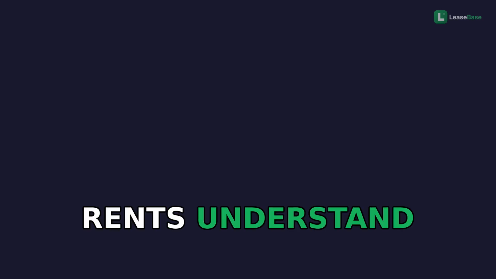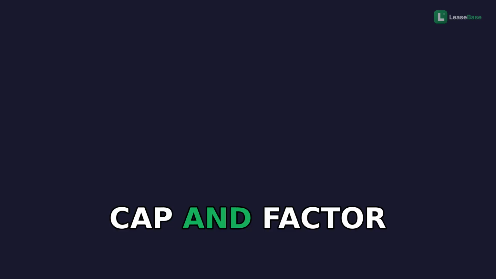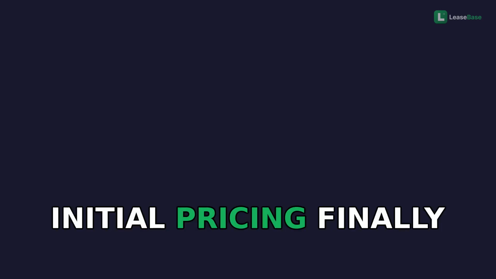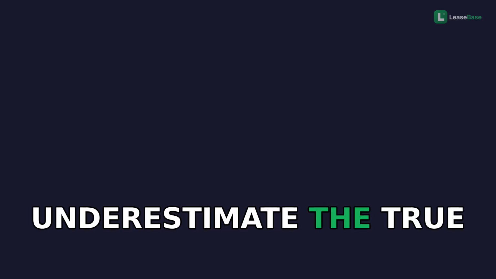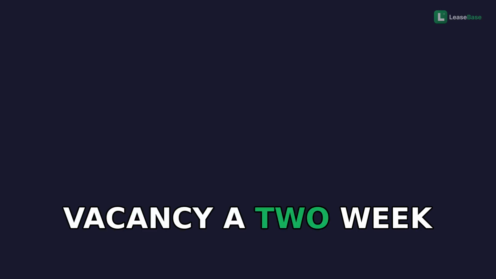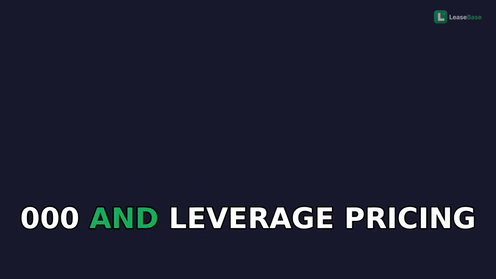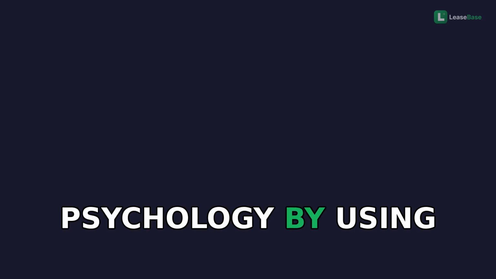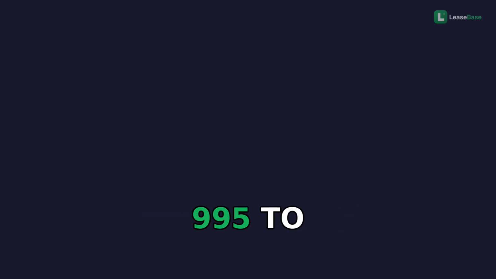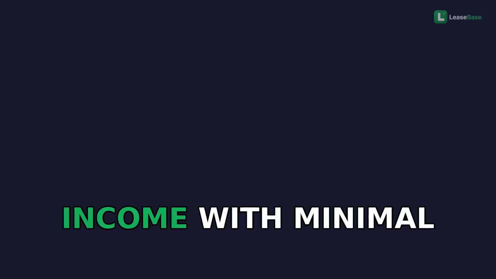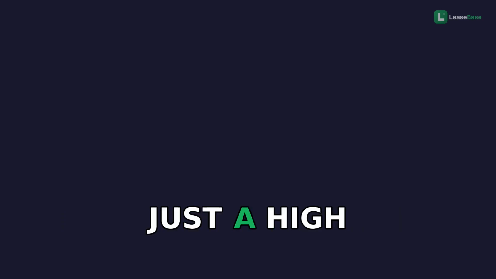Understand AB 1482's 5% plus CPI max 10% increase cap, and factor it into your initial pricing. Finally, never underestimate the true cost of vacancy. A 2-week vacancy at $2,000 per month costs you $1,000, and leverage pricing psychology by using prices like $1,995 to attract more applications. Your goal is maximum income with minimal vacancy, not just a high asking price.